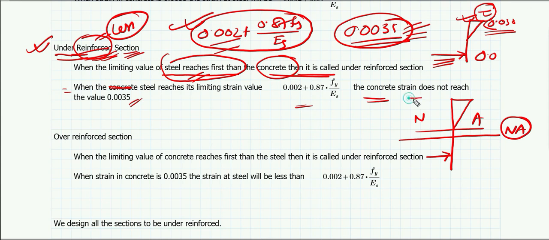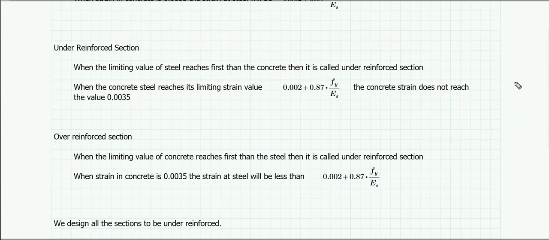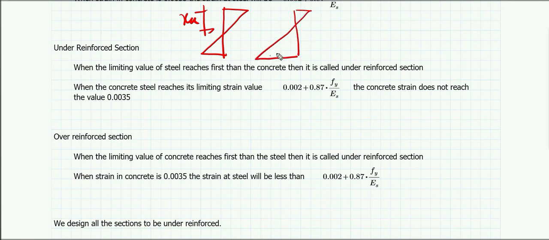That means suppose, let me clear it out. Suppose this is a balanced section, and this is the depth XU limit, and suppose this is the under reinforced section, where stress in tension is more.